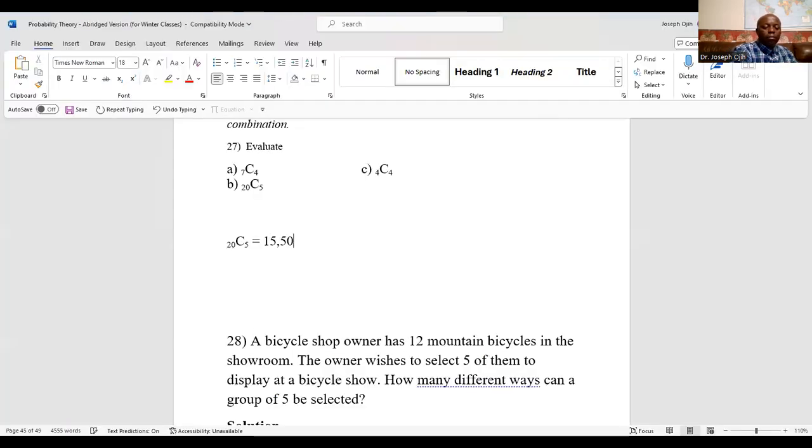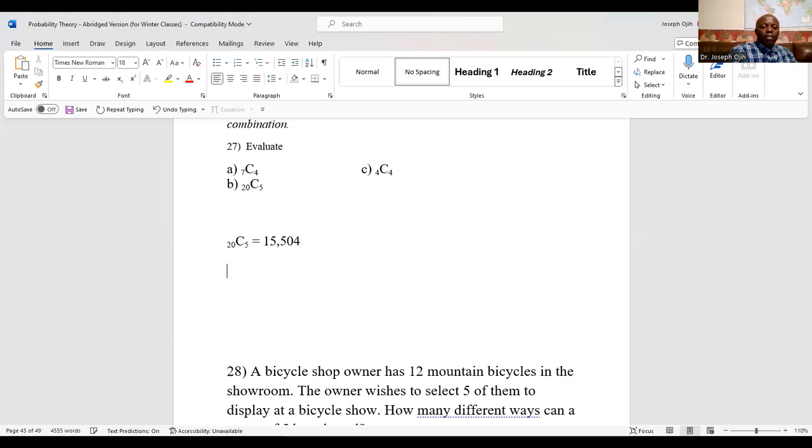15,504. Now, from Excel, this is from the calculator.